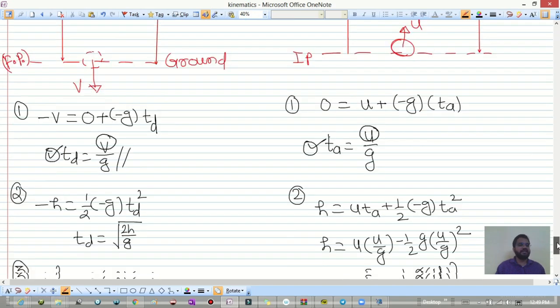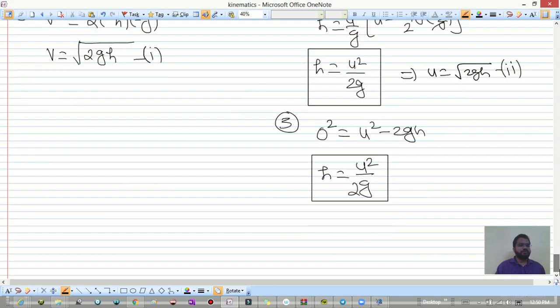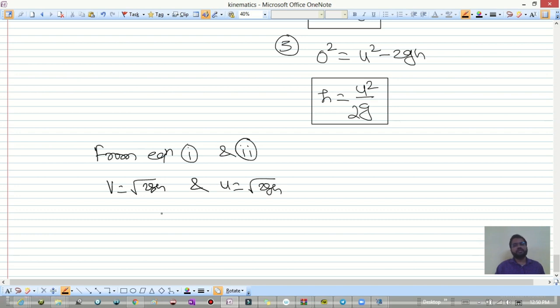Why do we consider that? Because h is the same over here, and as you can see from equations 1 and 2, v is root of 2gh and u is root of 2gh. As h is the same, v is equal to u.